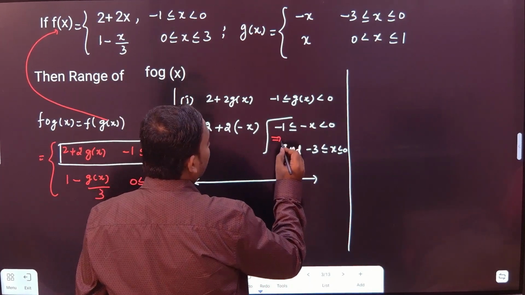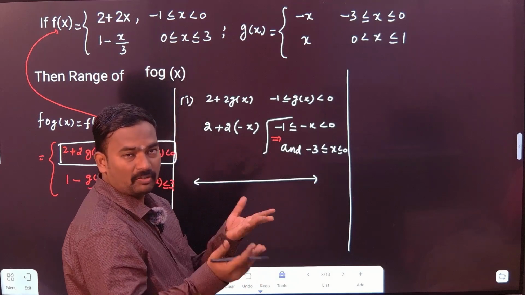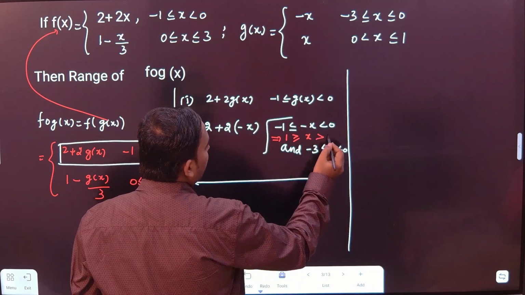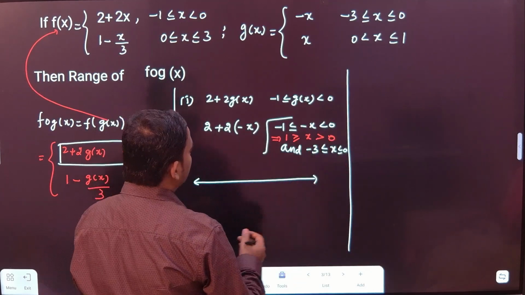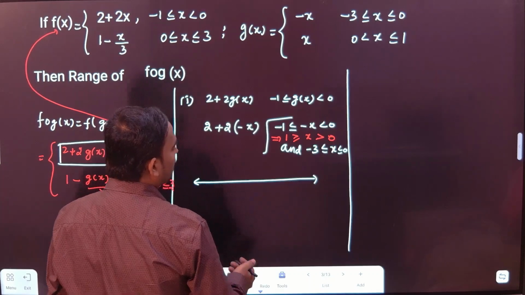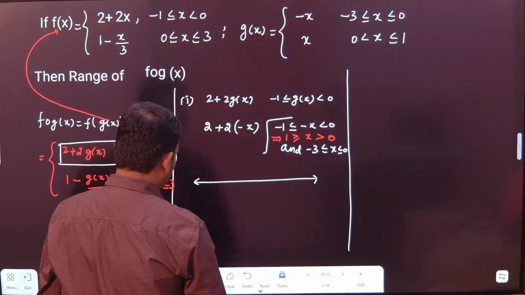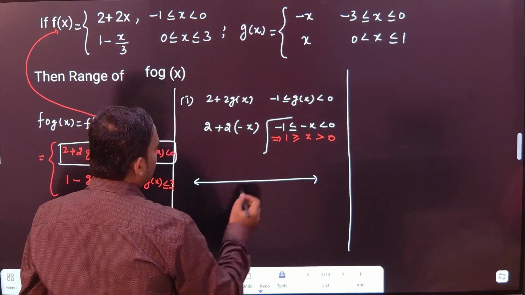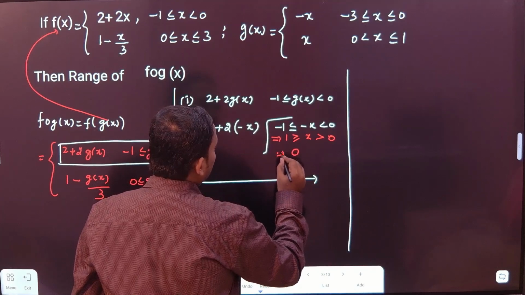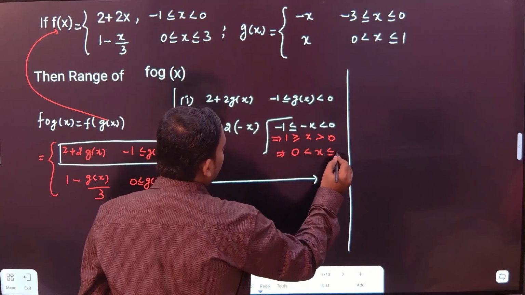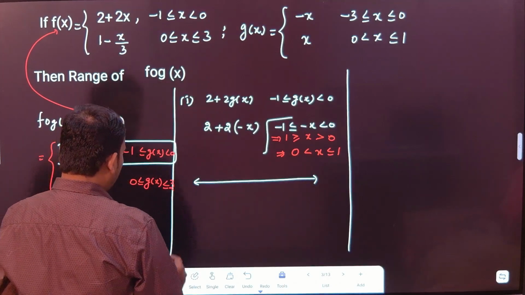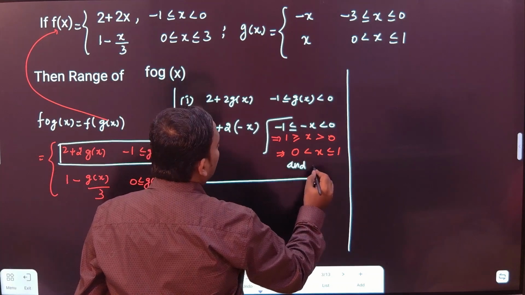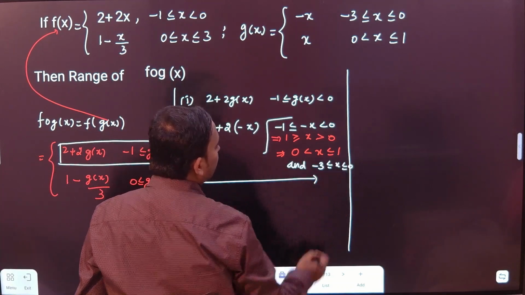When you multiply by negative 1, the inequality will change: 1 is greater than or equal to x, x is greater than 0. How do we rewrite this? 0 less than x less than or equal to 1. And g of x equals minus x when x is minus 3 less than or equal to x less than or equal to 0.